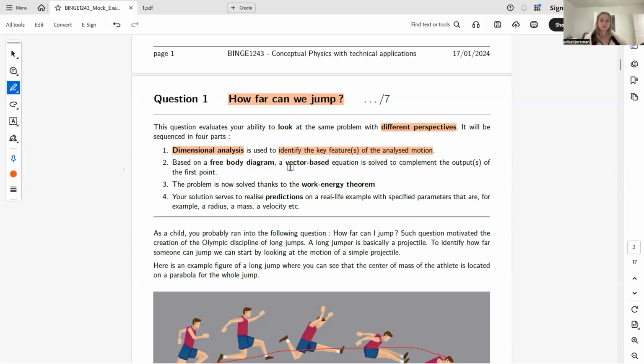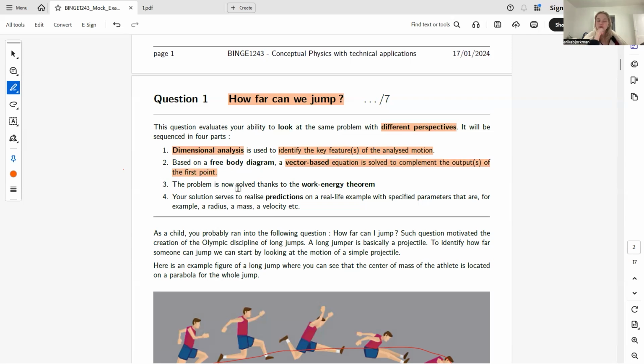Second part, vector based equations, which complements the output of the first point. In the first point, we will discuss some specific terms dimensionally, for example, time of flight or range, according to the dimensional rules. And in the second case, we will use the vector rules to solve such equations.